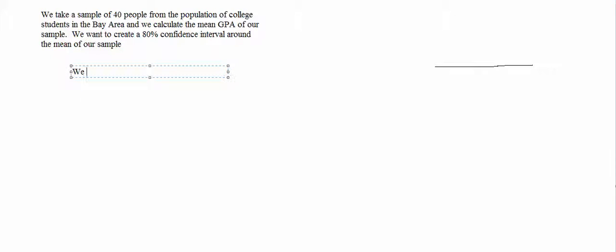We need to look at the confidence interval formula. I think this formula will make sense after the work that we've already done. First, let's look at it in words. Sample mean plus or minus margin of error.